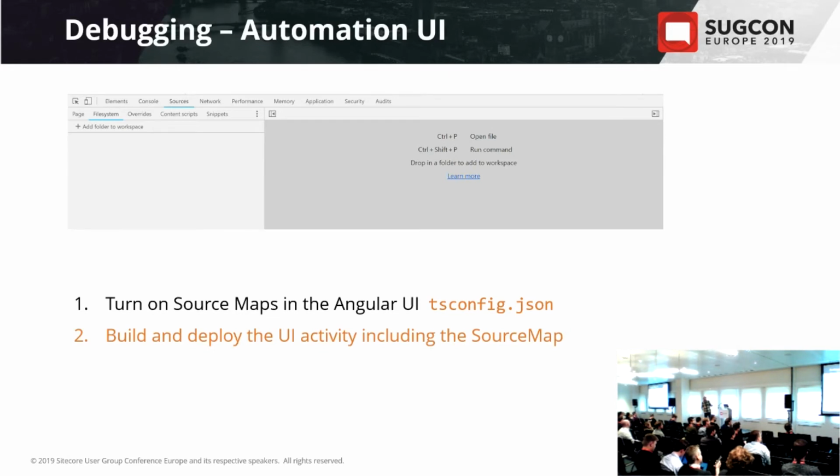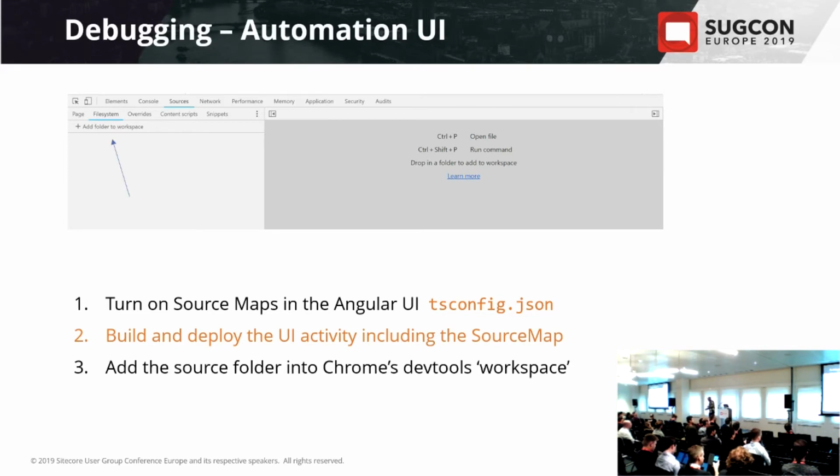So build it, deploy it, and copy the maps as well. So you're taking the JavaScript, and then you take the source maps. Then in Chrome, you can choose to add a folder into the workspace. Chrome DevTools does all sorts of crazy things that only as you start to hit problems and debug through, you see it has these capabilities, and it's an absolutely brilliant tool when you get used to it.